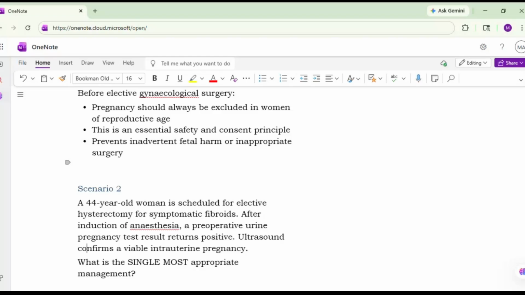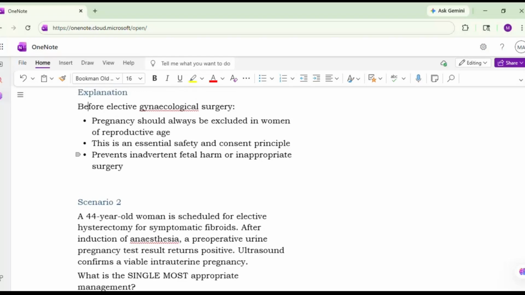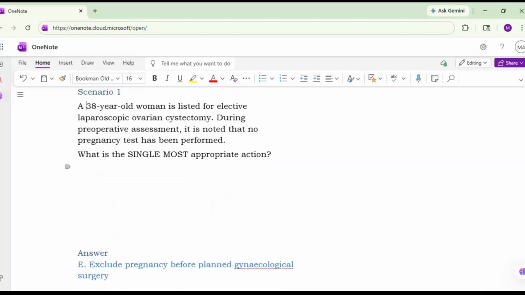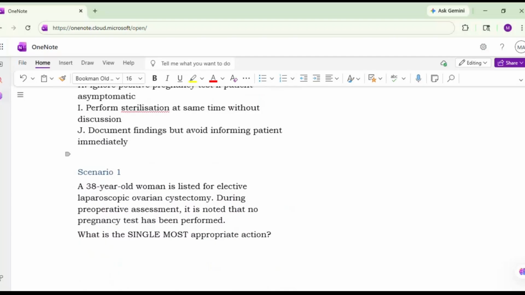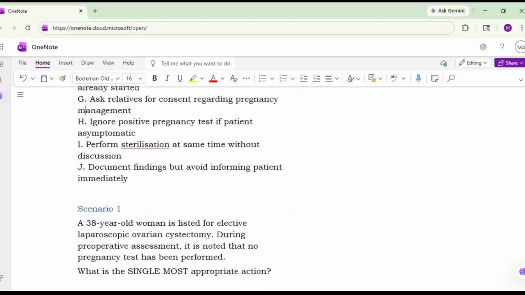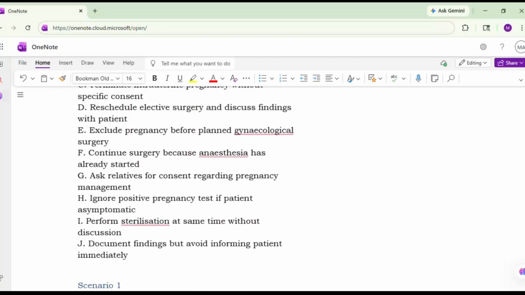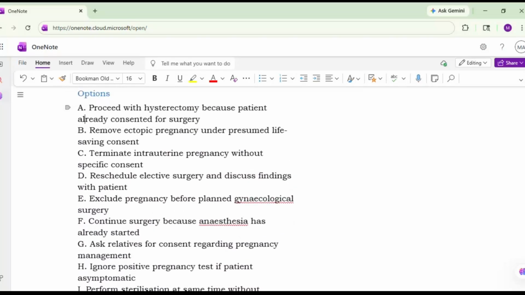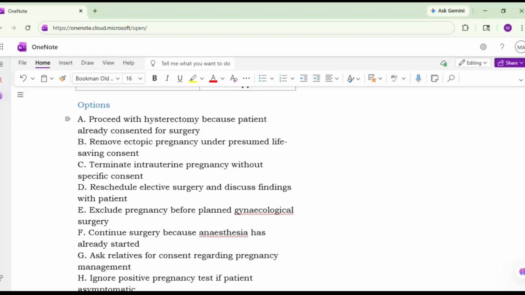So she is scheduled for hysterectomy, and she has been induced, she is already under anesthesia. The urine test is positive.